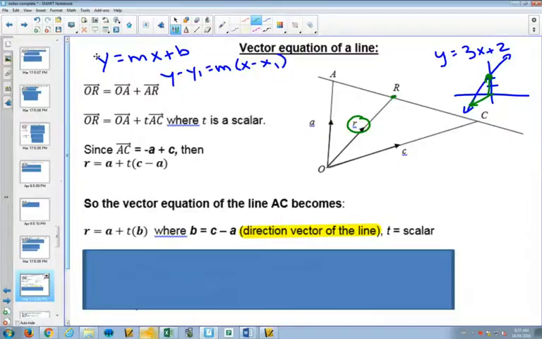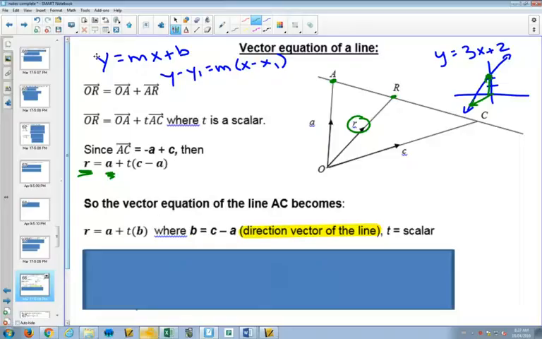So we get the following equation. Any point on that line, which is our position vector r, is going to equal any other random point on the line. So A is another random point that's on the line, and we have a position vector for A right here.